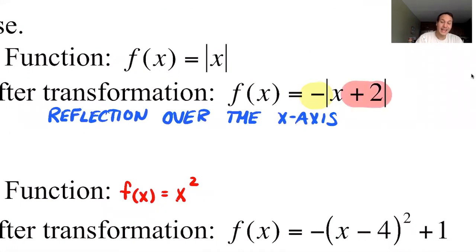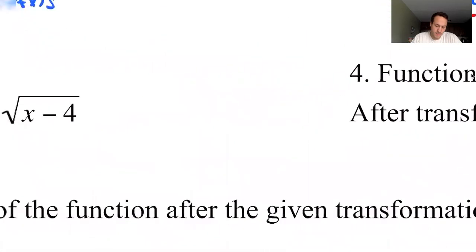That happens on the inside. Since it happens on the inside, it's going to be left or right, and it's going to go in the opposite direction, so it's going to be a shift of left 2. Remember from our lesson yesterday, on the inside of those absolute value brackets is going to be the opposite direction. So plus 2 means I shift left 2.